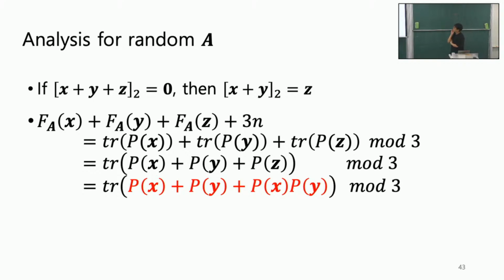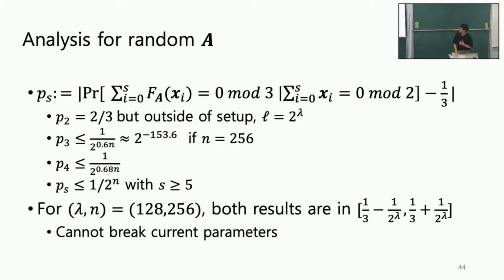So from the new relations, we can come to a difference between two joint distributions called PS. However, for any S, we cannot break current parameters of weak random functions.